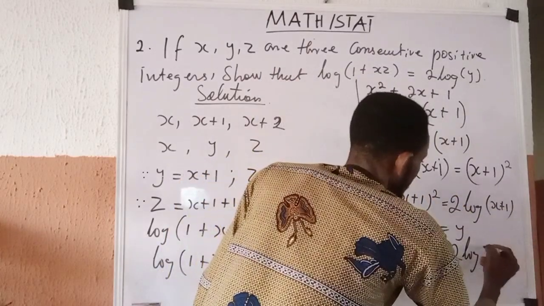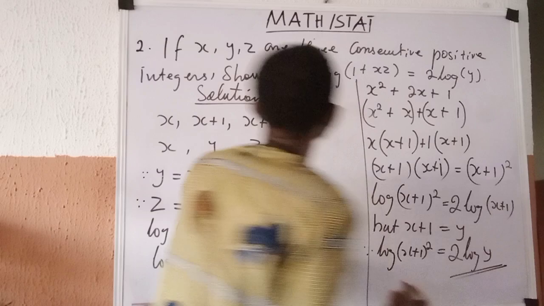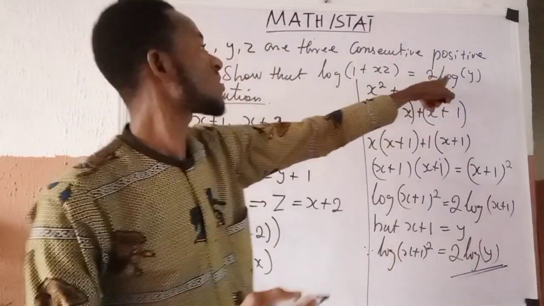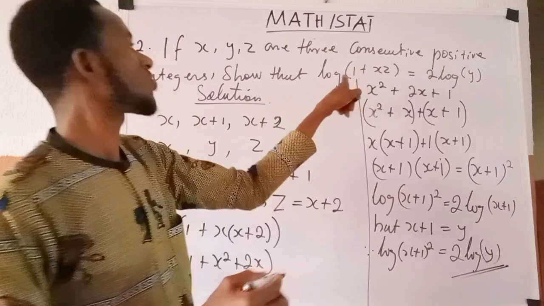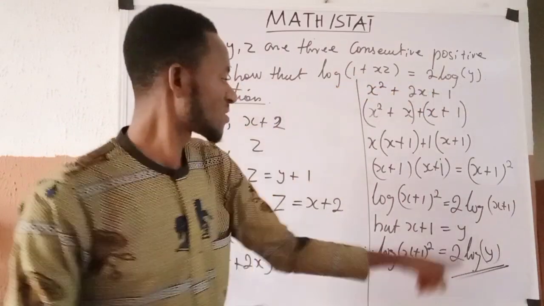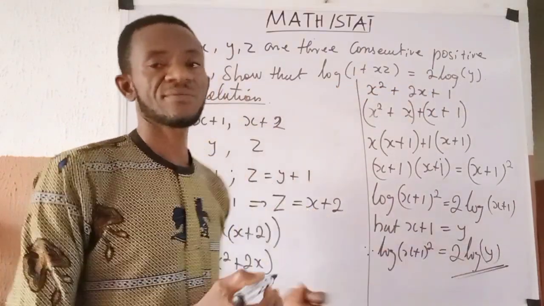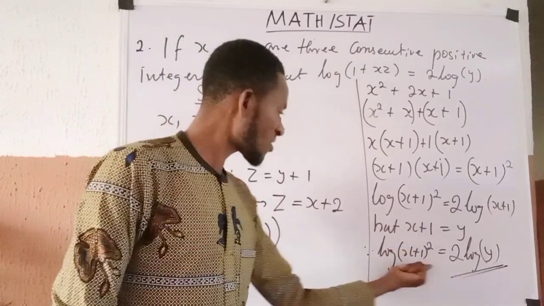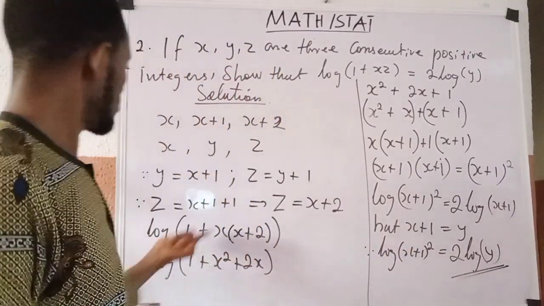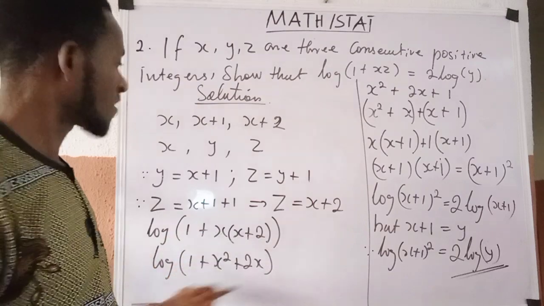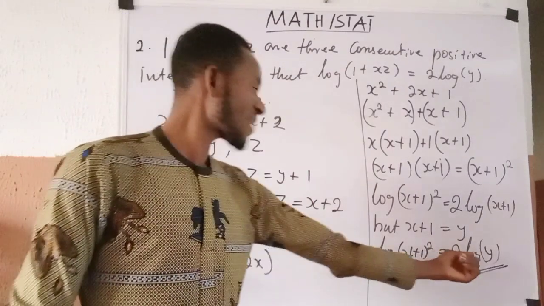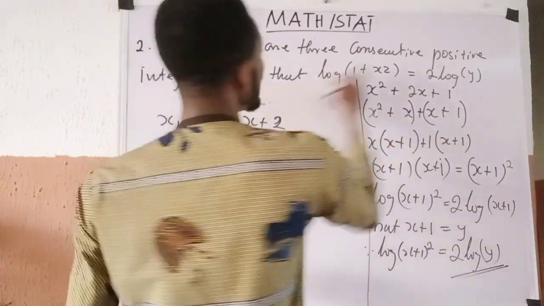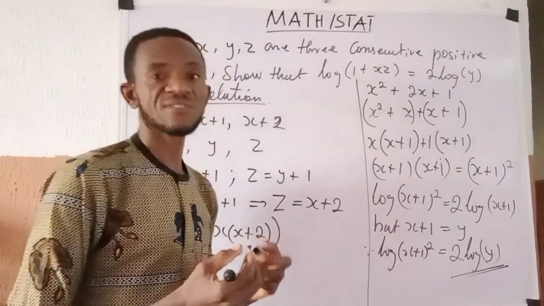I can even put it in brackets as well. That was what I was asked to show, to show that this is equal to this. Don't you see the value there? That is the value, because what gave us this is the same question they gave us. Solving it down, we arrive at this, and that is given at this quantity. So we now say, therefore, this is equal to that.